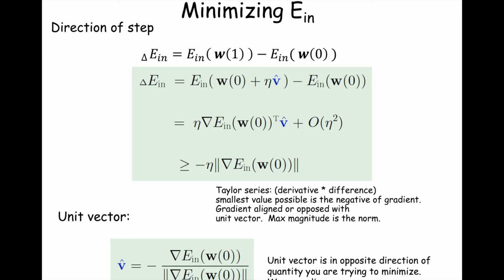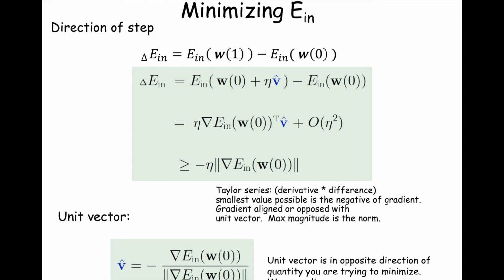And so what does that mean? What we're asking is how big can our step be, right? Another way of saying that is what is the least amount this can be? And the least amount it can be is the largest magnitude negative number, because we're doing this inner product, eta times gradient En of W naught, with v hat. And so the smallest way we can do that is if this eta times gradient En of W naught is in the opposite direction of v hat.